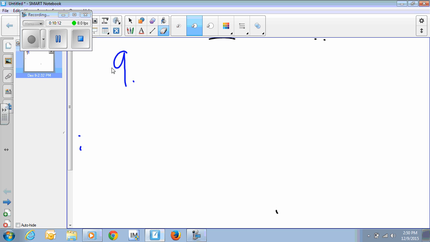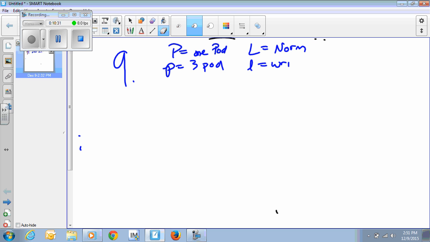Capital P equals 1 pod. Lowercase p equals 3 pod. And capital L equals normal. Little l equals wrinkled. Okay.